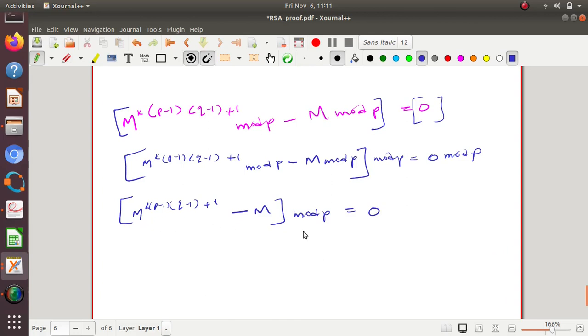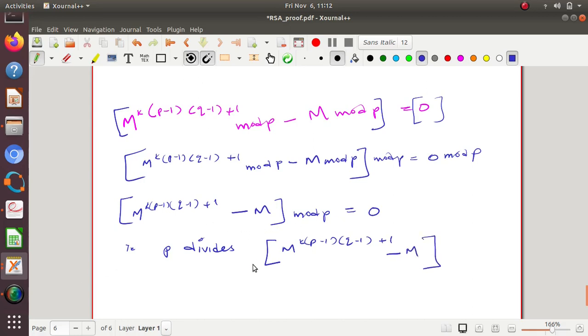Then if this quantity mod p is equal to 0, that means p divides this quantity, m to the power k(p minus 1)(q minus 1) plus 1 minus m.